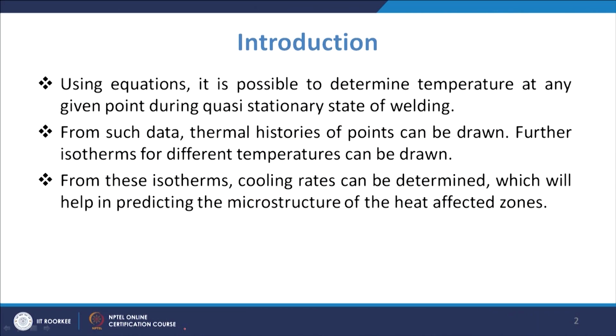As we discussed, you have the different equations, and from those equations it will be possible to determine the temperature at any given point during the quasi-stationary state of welding. Once we have such data, we can find the thermal histories of these points, and then the isotherms for the different temperatures can be drawn.